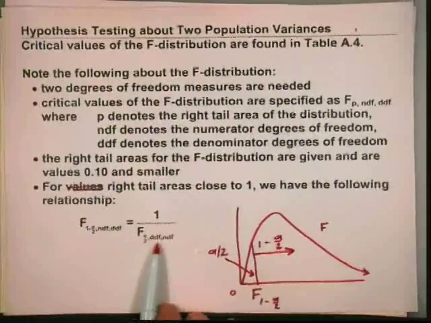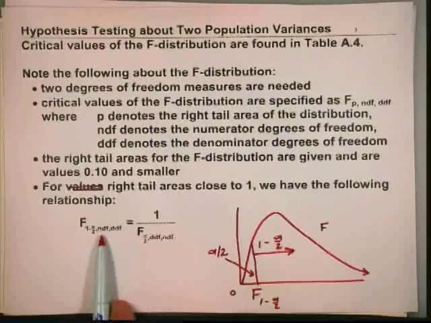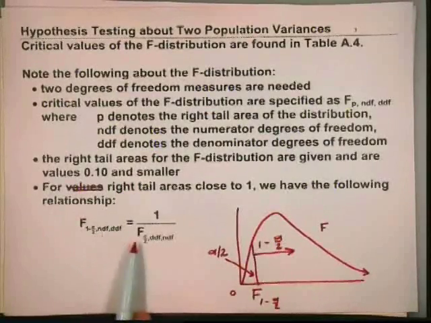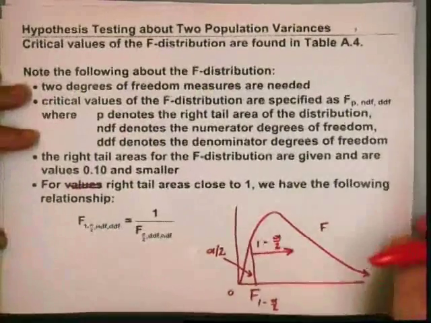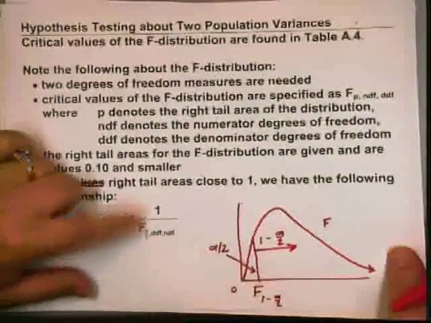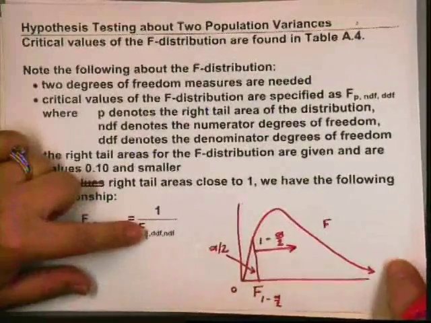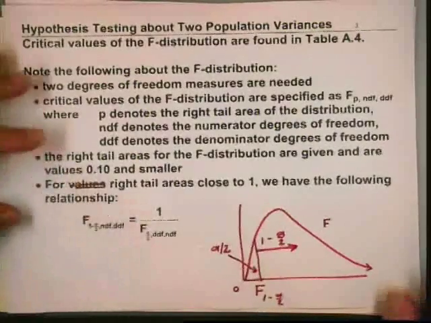Okay, so that is switched. That's not a typographical error. Okay, so it says identify the numerator degrees of freedom for the application, and then you look at those flipped, and we'll demonstrate that shortly. So we'll use this association when we look at some tests, since our table doesn't give us these kinds of values in the left side of the distribution.